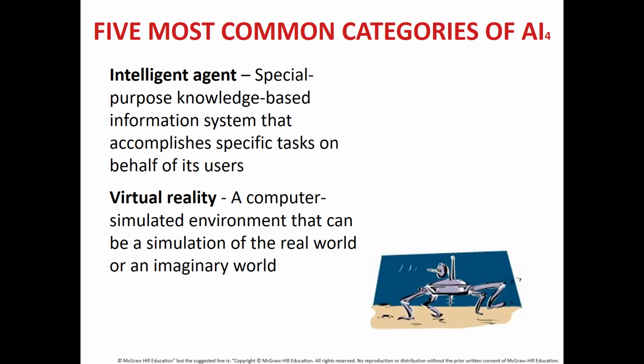Virtual reality is you seeing the exact same thing, but in a computerized way. So software would be created whereby you would be able to see the reality, but it is simulated. When I say simulated, it's an imitation of the reality. So that's virtual reality, a computer simulated environment that can be a simulation of the real world or an imaginary world.